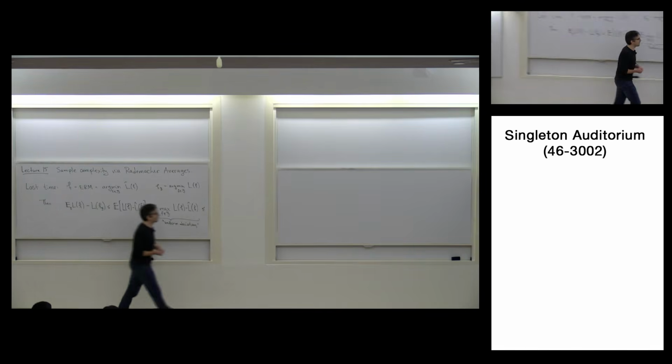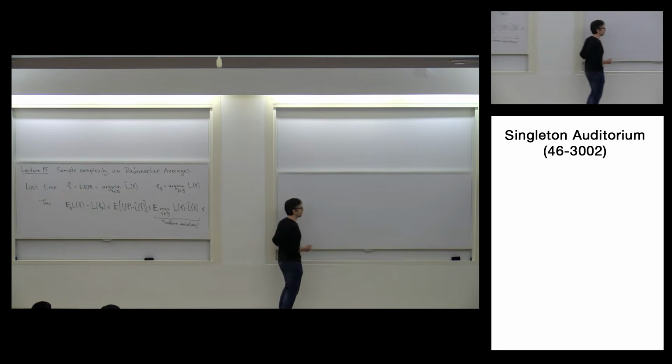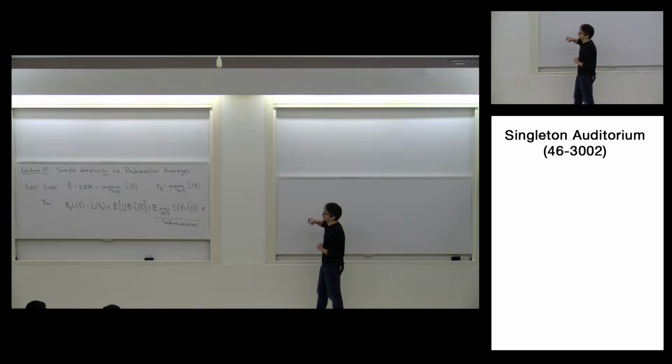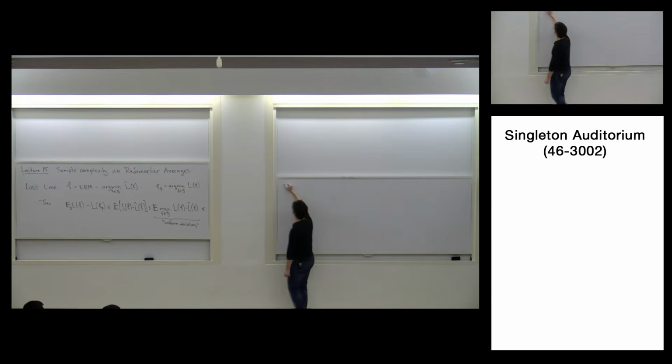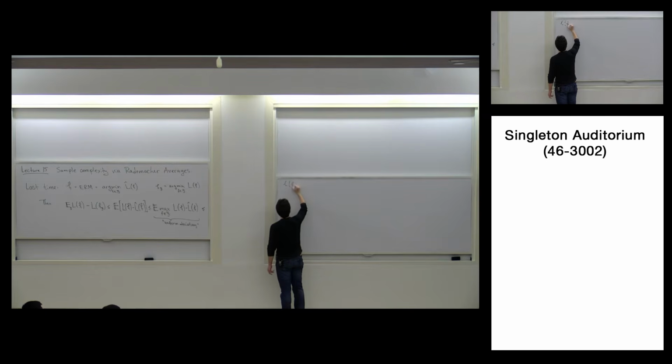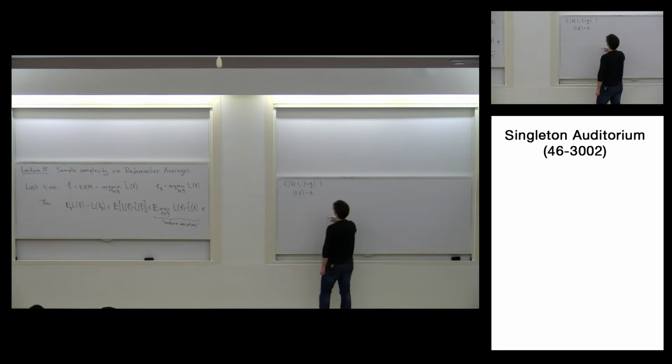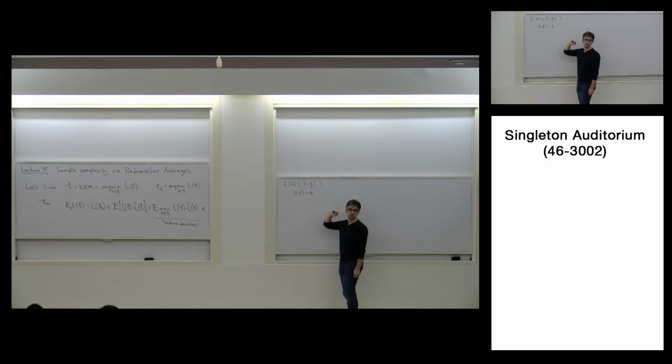So what I advocated is this empirical process viewpoint, which is just for simplicity of presentation. Again, let me write this composition as a function g. Right. So x comma y is z, and g is a function of z.